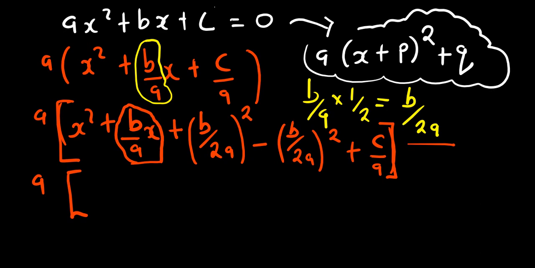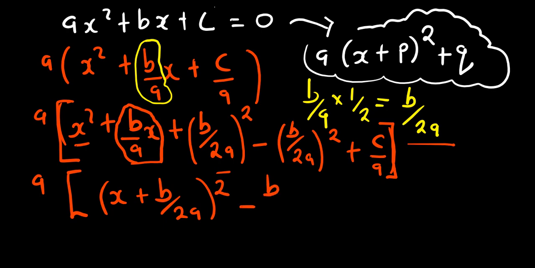Okay, so we have x squared, now we have x and this expression, so x plus b over 2a. We're going to put these ones in a square because they are squared. Minus b, when we squared here, the 2 will be on b, so it will be b squared over 2 squared, that is 4, a squared, that is just a squared.